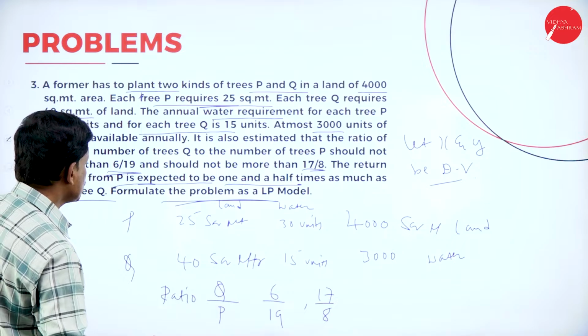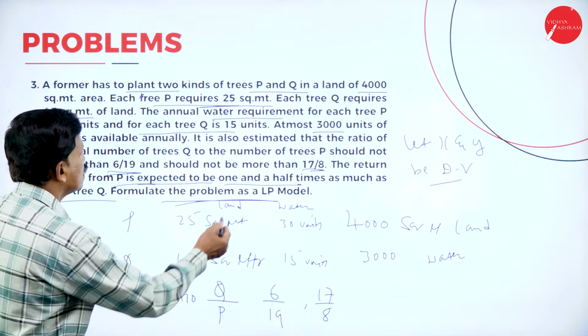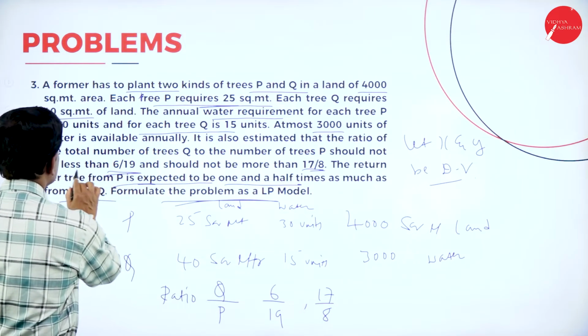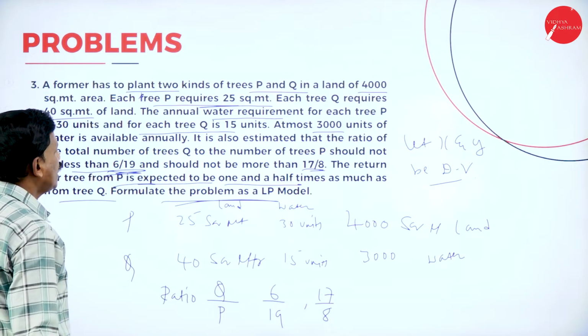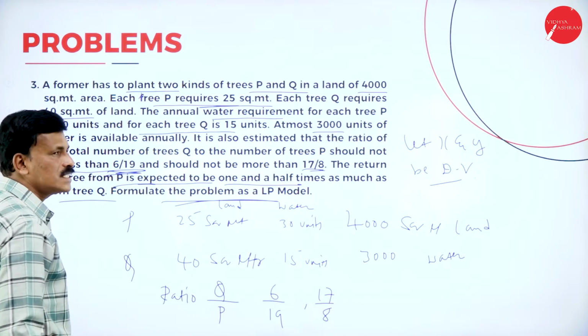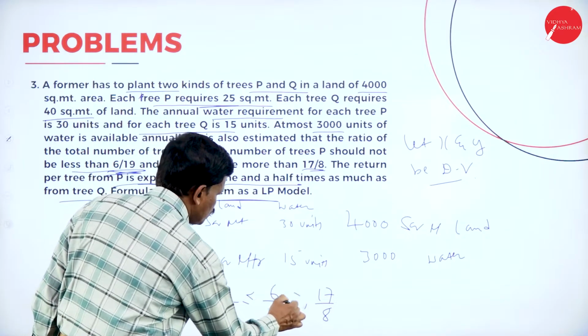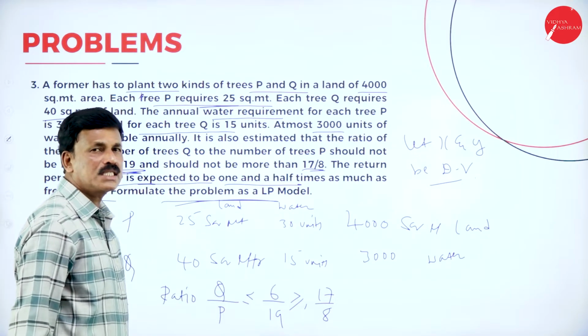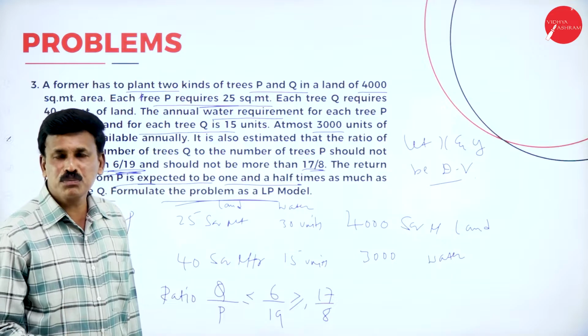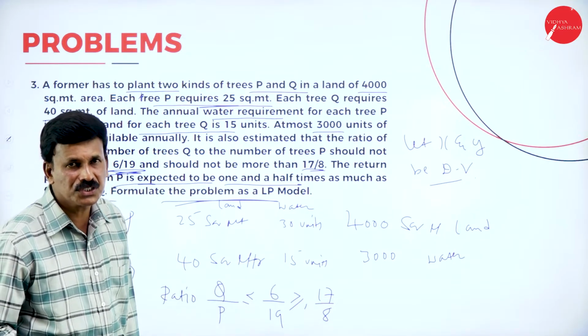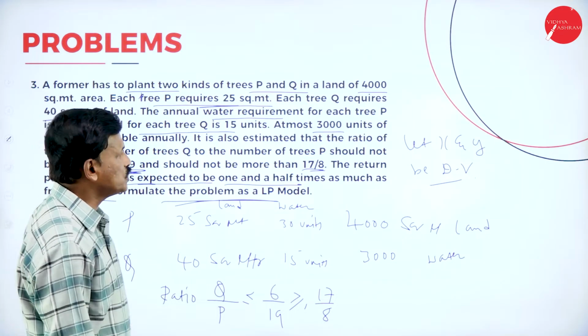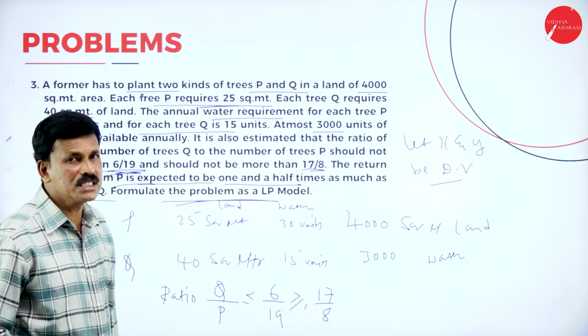The ratio Q by P should not be less than 6 by 19 and should not be more than 17 by 8. Now let us put this in the form of equations. X and Y are the decision variables.